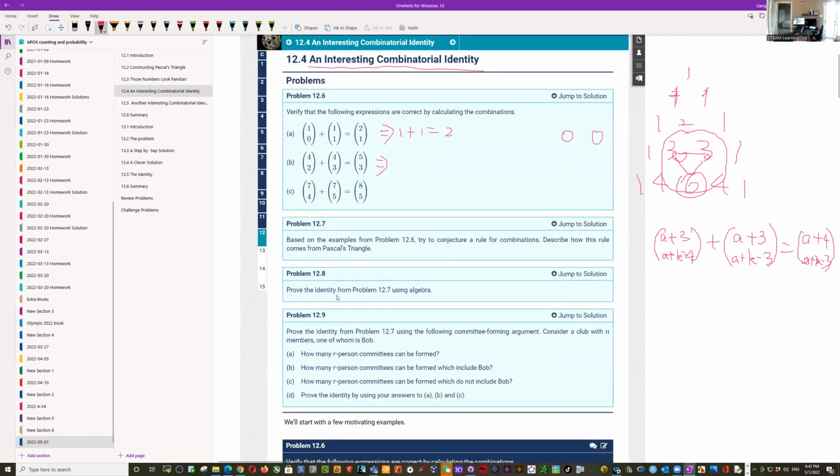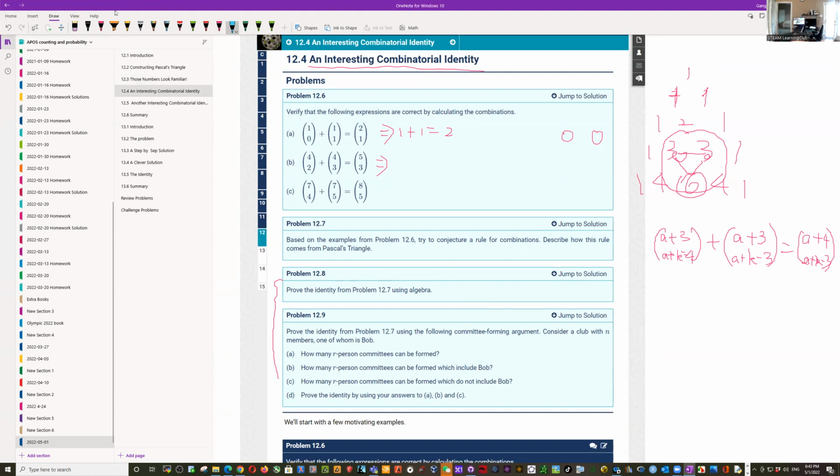Then this is proved algebraically. Pascal identity, they always ask you to prove in 2 ways.